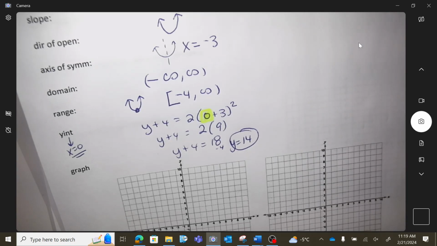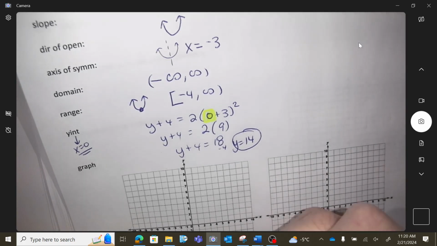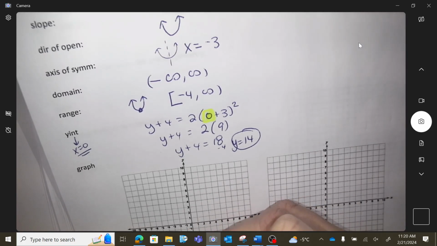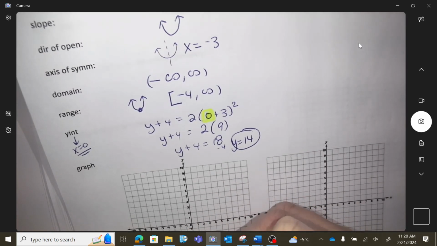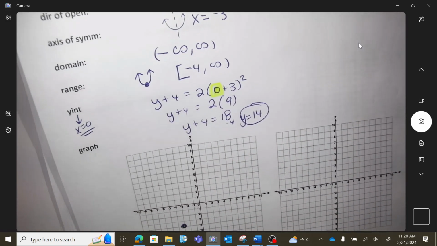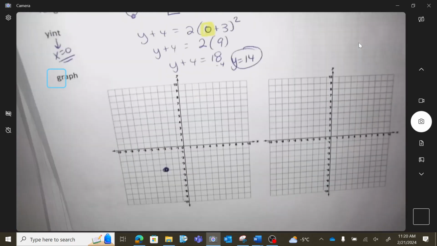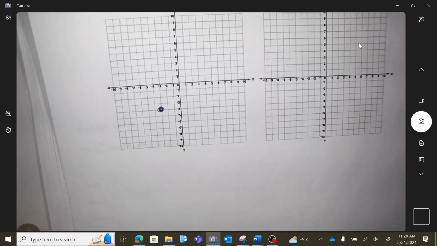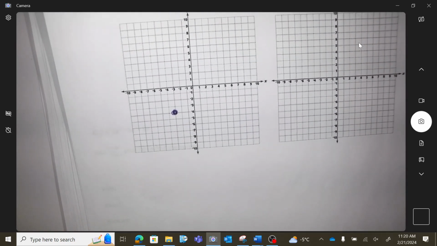Okay, my steps were just a bunch of BEDMAS stuff: brackets, exponents, multiply, divide, add, subtract. Okay, graphing. We're going to go -3, -4. -3, -4 is the vertex.